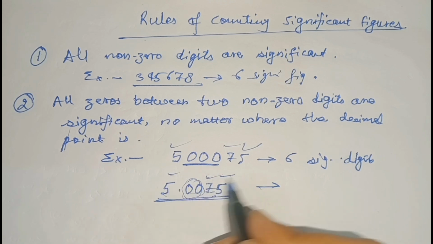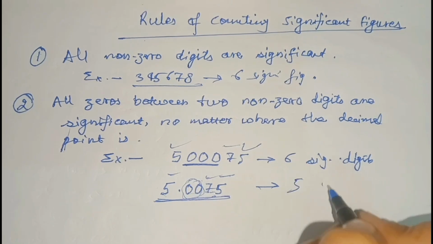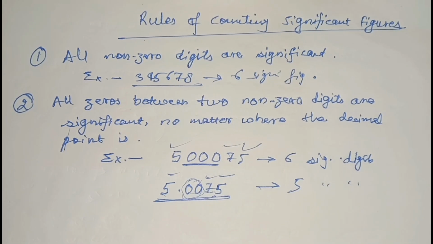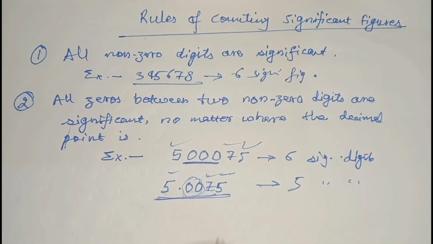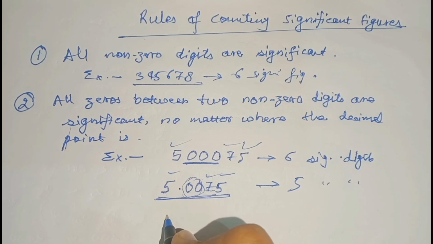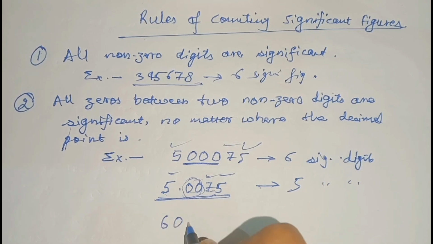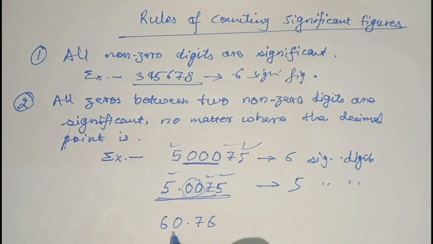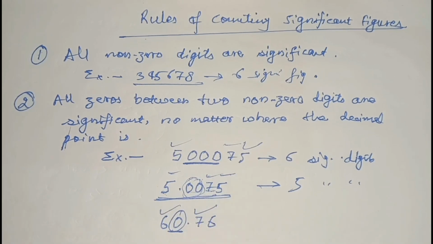So 1, 2, 3, 4, 5 significant digits. Another example: 60.76. This zero will also be significant. Why? Because all zeros between two non-zero digits are significant. Look, this zero lies between these two non-zero digits.